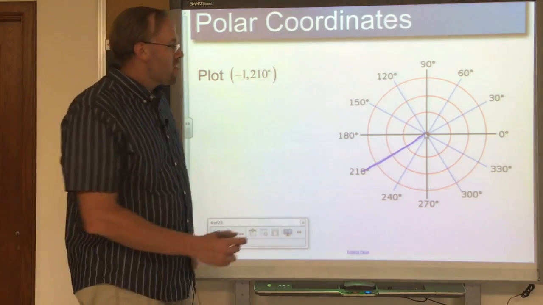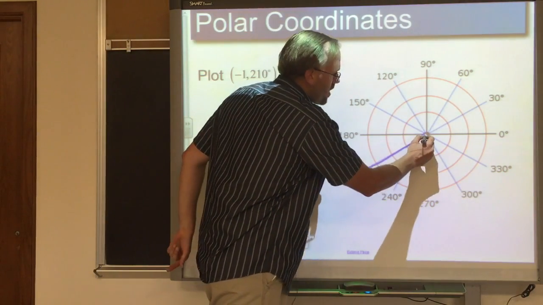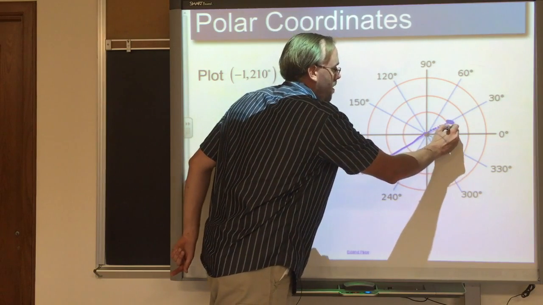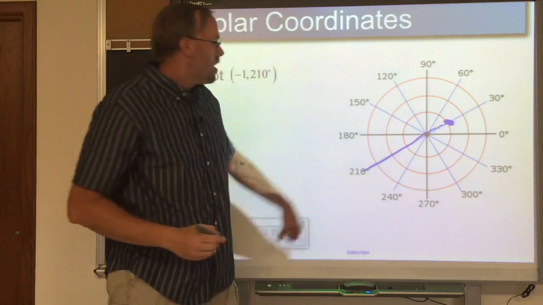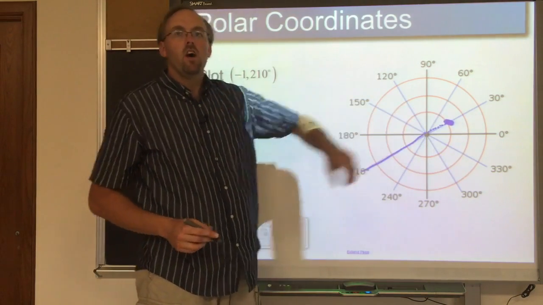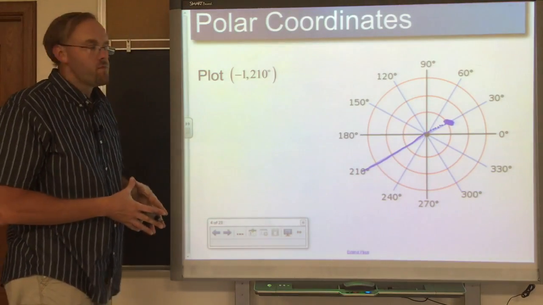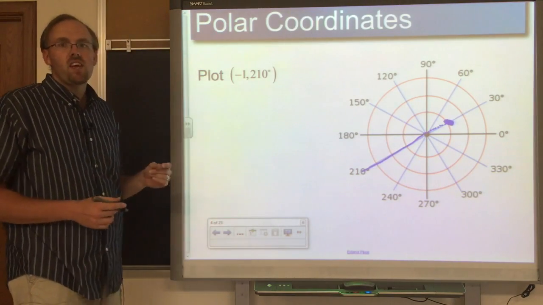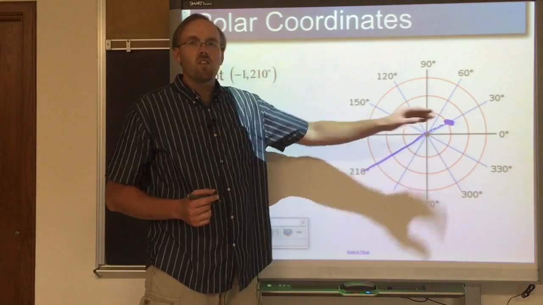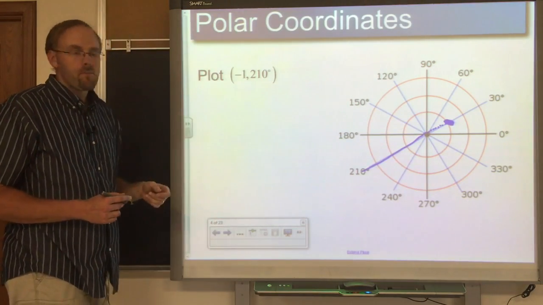What that means is it's going in the opposite direction. So actually, it's going to end up right there. So instead of pointing towards 210, it's pointing in the opposite direction away from 210. So that's what it means to have a negative r value. You identify the angle, but you count off the distance going the opposite way.